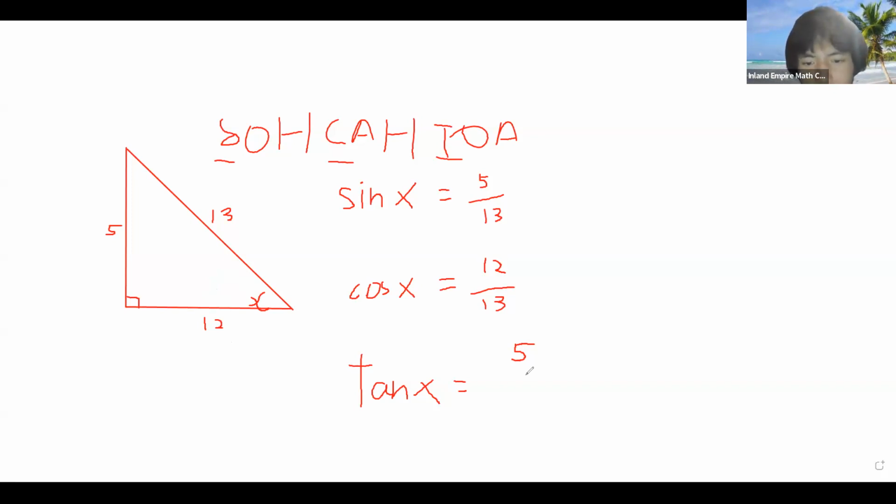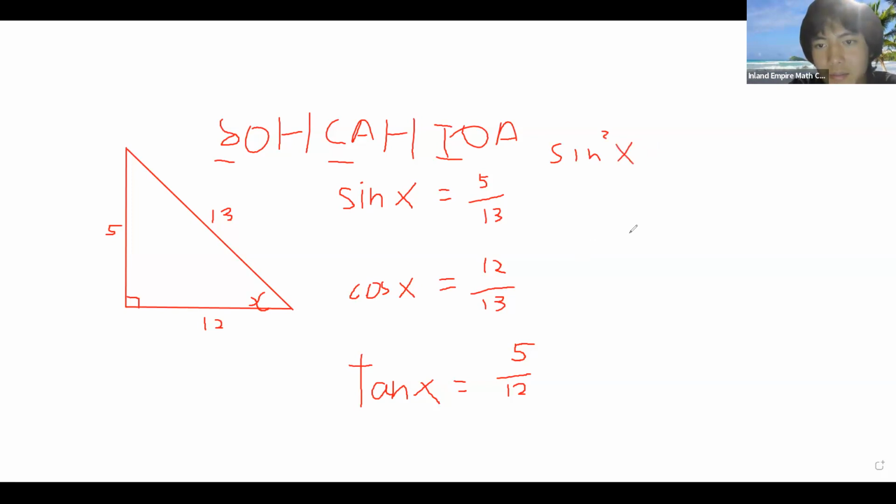Good. Right. So tangent is just 5 over 12. Okay. So now let's put this to use. Put the Pythagorean identity to use by verifying that the square of this actually adds up with the square of this to 1. Okay. So let's try this. So again, the Pythagorean identity states sine squared theta plus cosine squared theta equals 1. Actually, I'm going to use x since we're talking about x here.